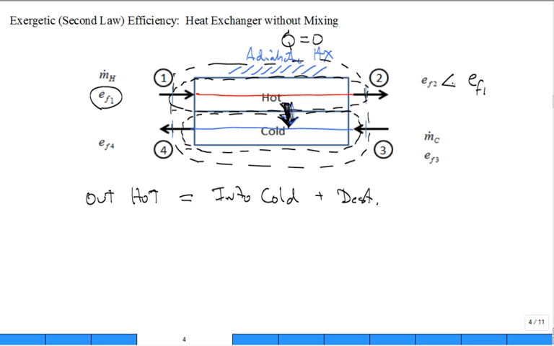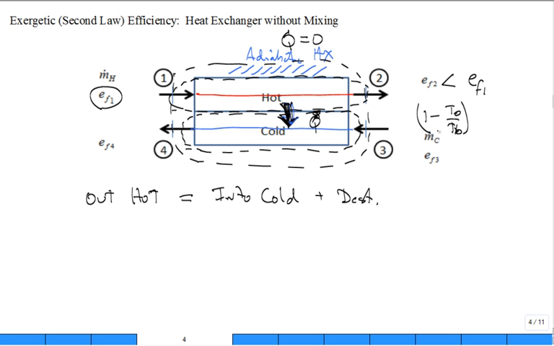You're thinking of exergy as very closely linked to energy, and definitely the energy is coming out of the hot and going to the cold. So it's taking with it some of that exergy. Or you could think of it this way: this Q dot is coming out of the hot, and if you multiply that by 1 minus T naught divided by TB, I know TB usually is not constant, but that's an idea of some percent of the Q dot, which can be represented as the flow of exergy with the Q dot.